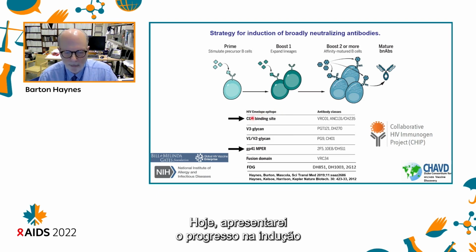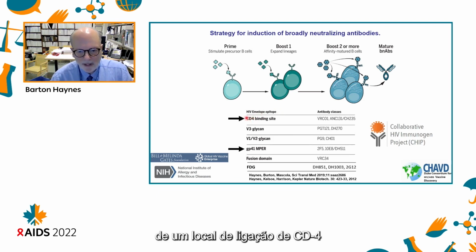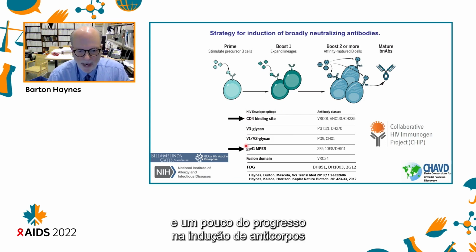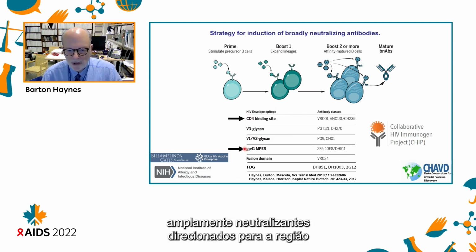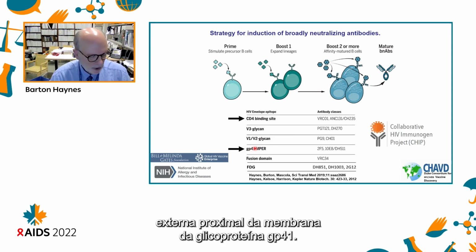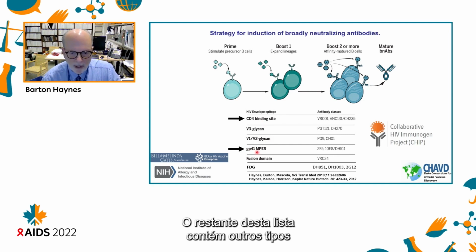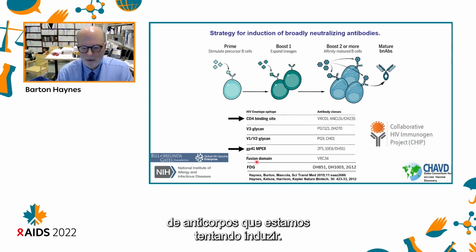Today, I'll just talk about some progress made in inducing CD4 binding site and some progress made in inducing gp41 membrane proximal external region targeted broadly neutralizing antibodies. The rest of the items on this list are other types of antibodies that we and others are trying to induce.